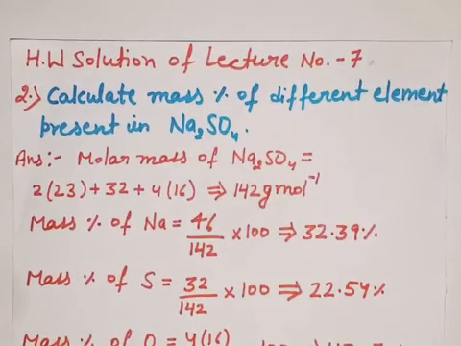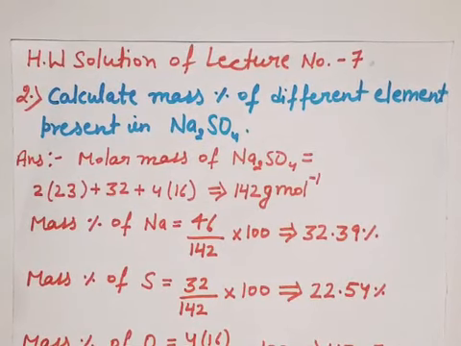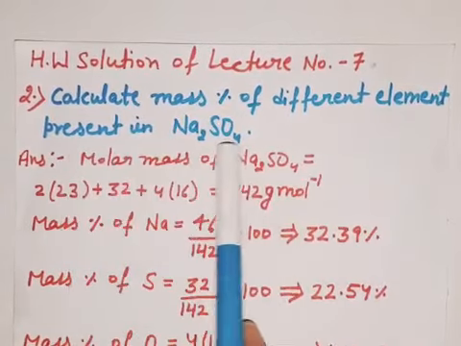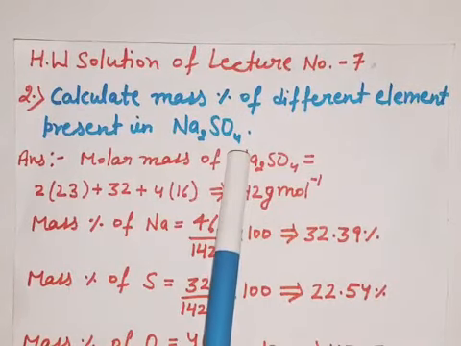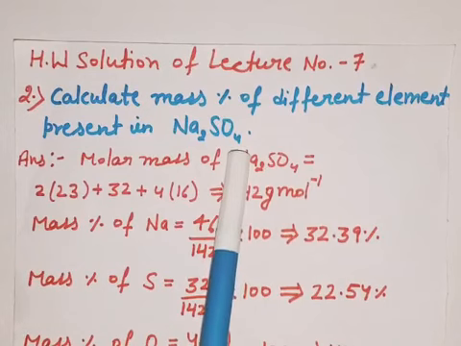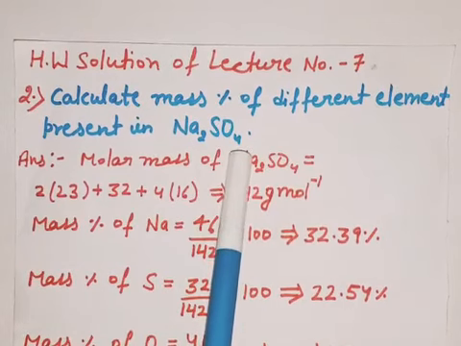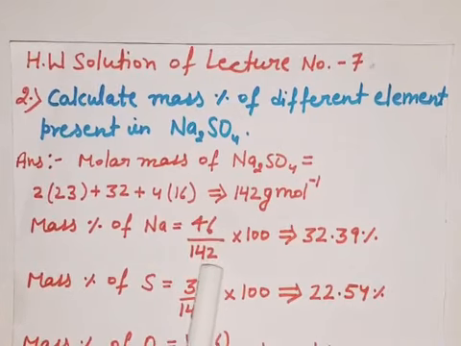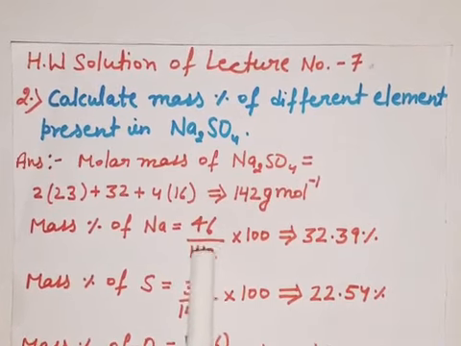Now we will discuss the homework solution of lecture number 7. Question number 2 of the NCERT exercise: calculate the mass percent of different elements present in Na2SO4, sodium sulfate. Here we will use the formula of mass percentage: mass of a given component divided by total molecular mass into 100.